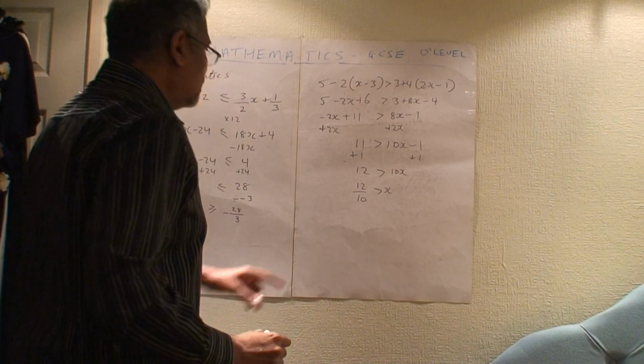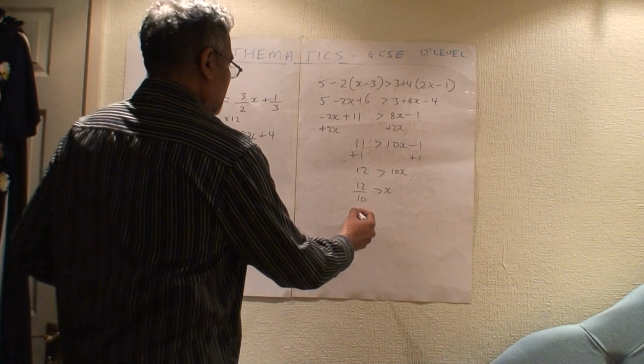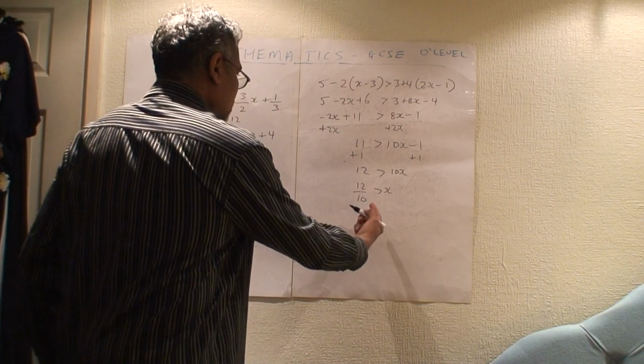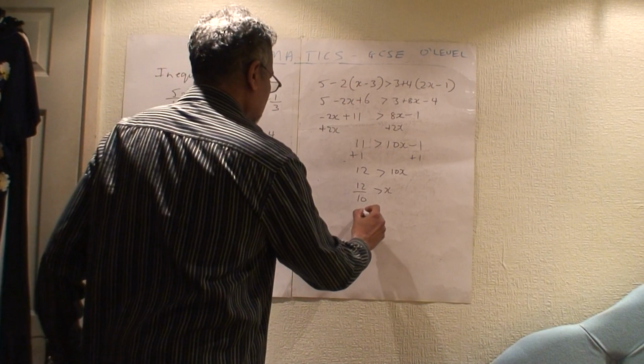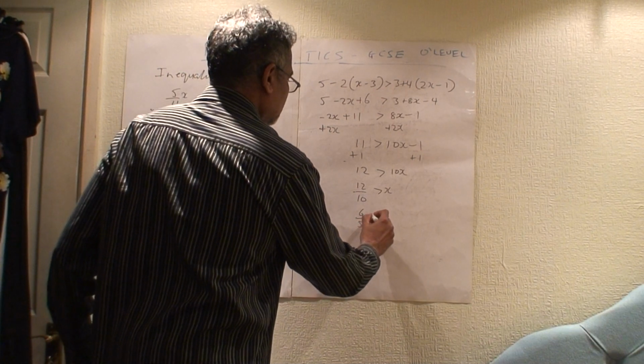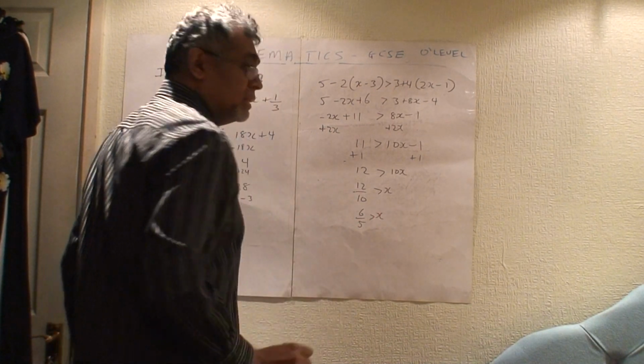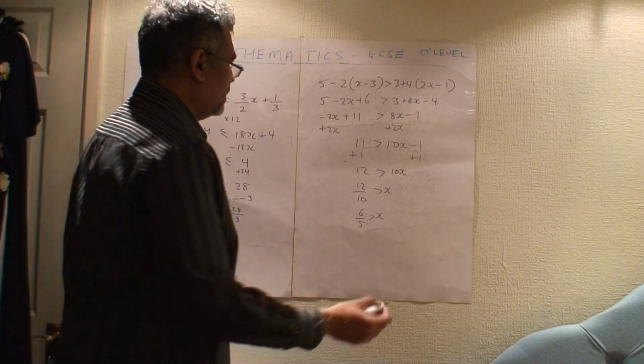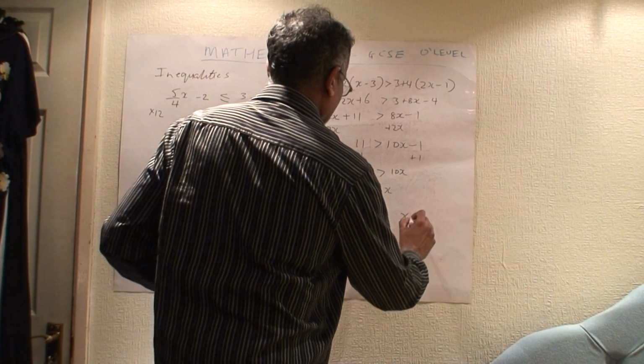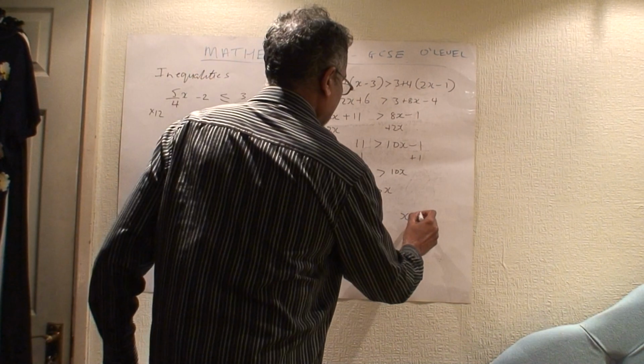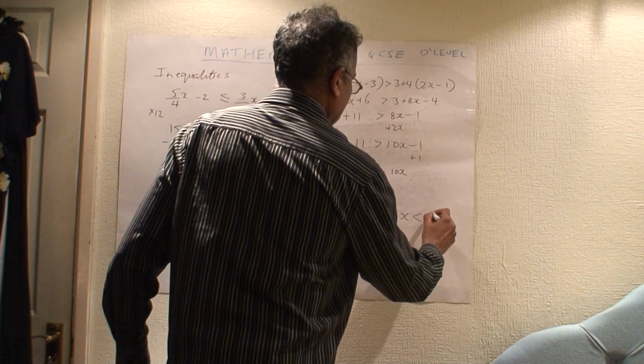That 12 over 10 is the same as 6 over 5, is greater than x, or it can be expressed as x is less than 6 divided by 5.